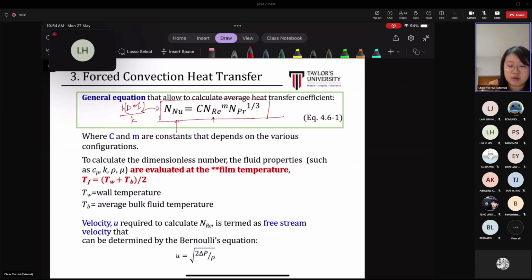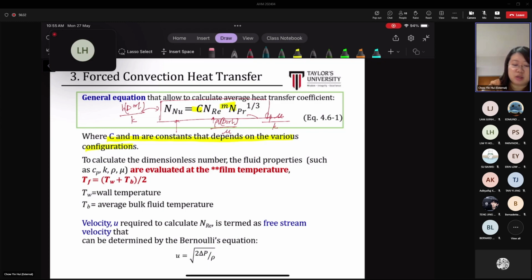Then the Reynolds number, rho V D, or the length of the plate, divided by the viscosity, and the Prandtl number is Cp, specific capacity, multiplied by viscosity divided by the thermal conductivity. And this C and m value will depend on the various configurations.